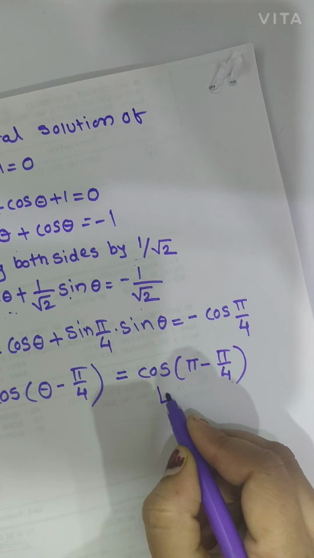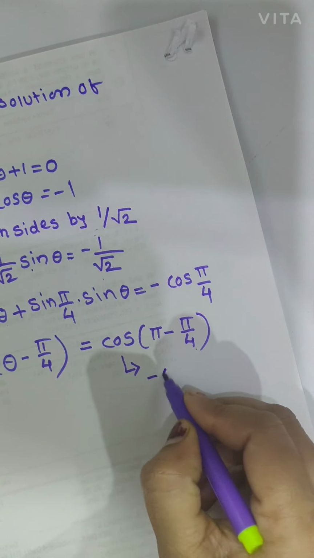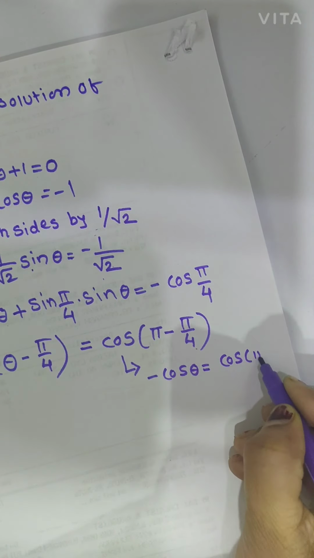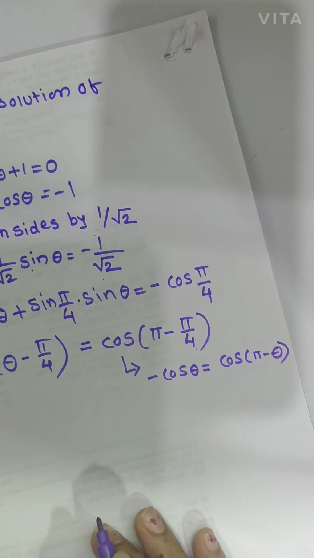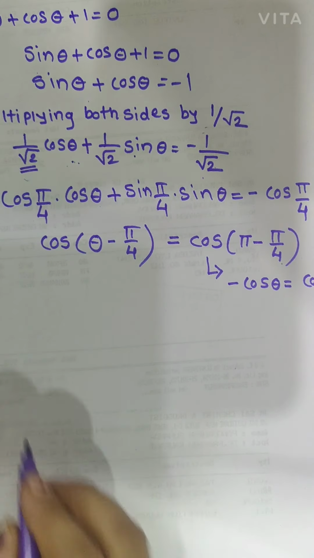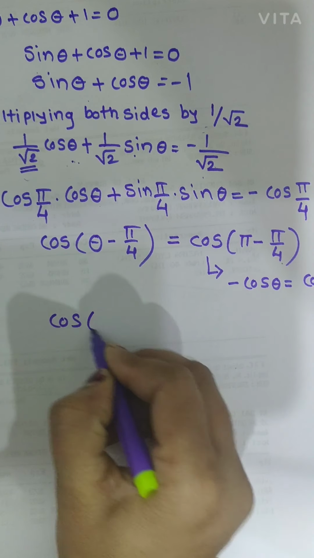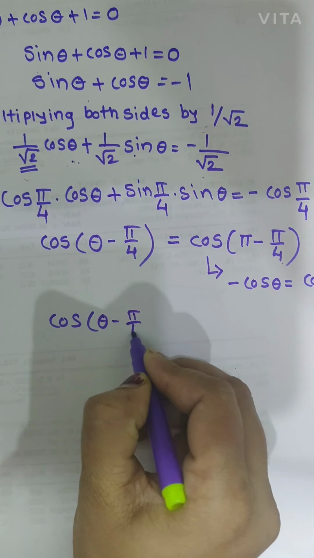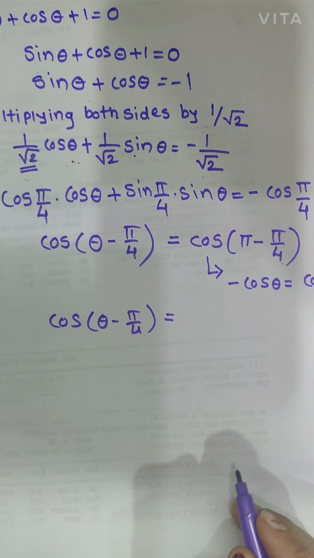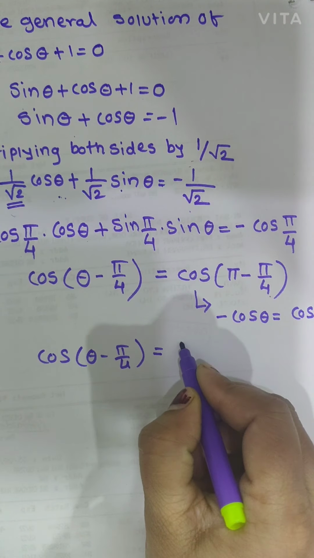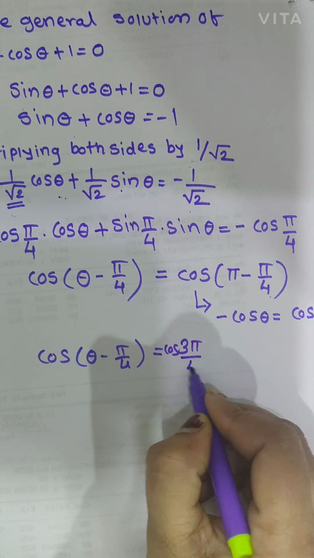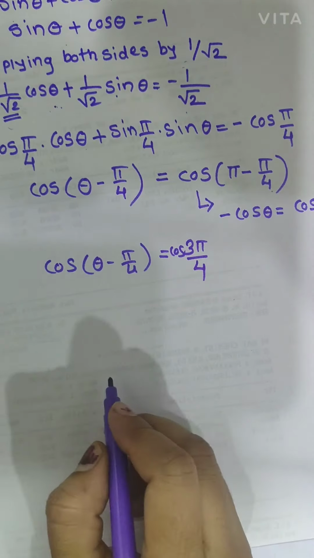For this step, minus cos theta is equal to cos of pi minus theta. We are applying this concept here. Now cos of pi minus pi by 4 is equal to, after cross multiplication, 4 pi minus pi, 3 pi, cos 3 pi by 4, according to the general solution.